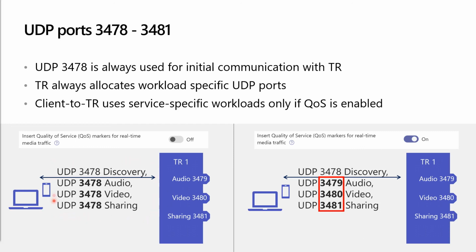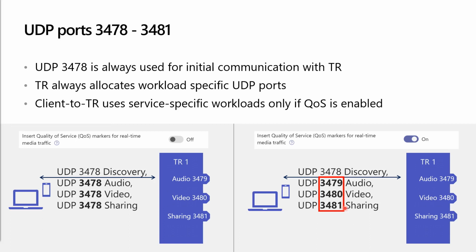Now that is controlled by this on-off switch found in the Teams Admin Center. If you leave it off, everything stays on 3478. If you turn this switch on, you will now see that Teams will use 3478 for initial discovery and media negotiation. It will then use 3479 for audio, 3480 for video, and 3481 for sharing.